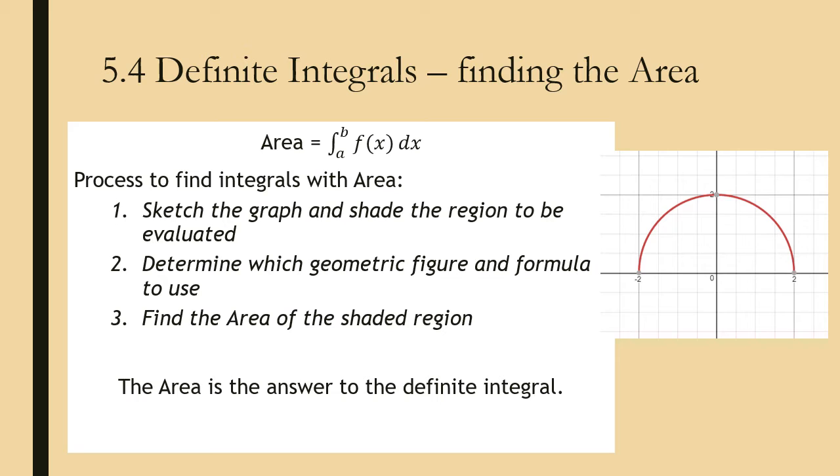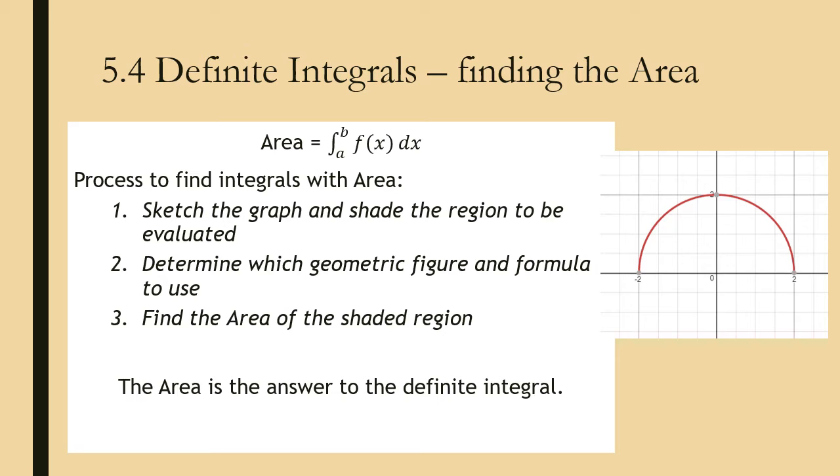You sketch the graph. So here, this graph happens to be a half circle. And that's what we determined. And it's only above the x-axis for now. So that's what we're going to do. We're going to find the area under the curve between the x-axis and the curve. That's the easiest way to go.